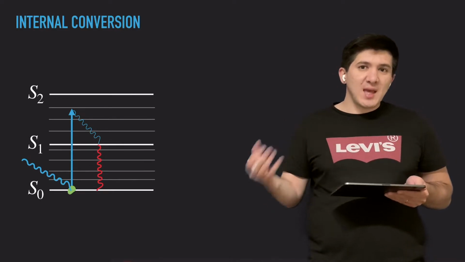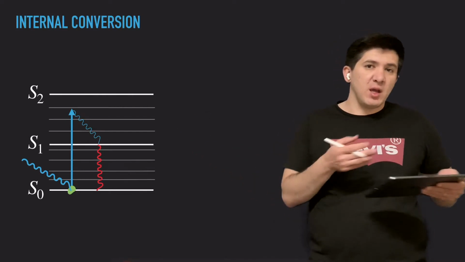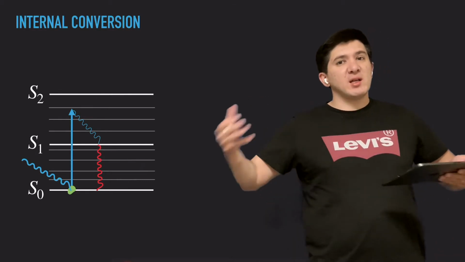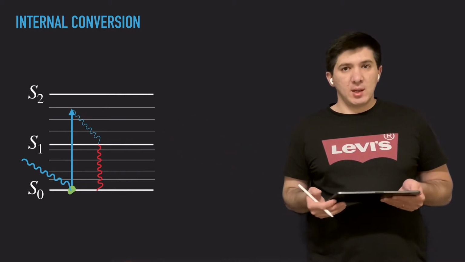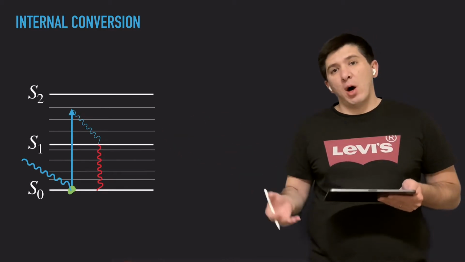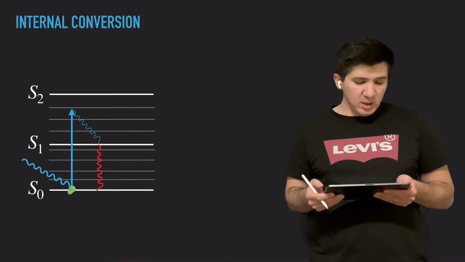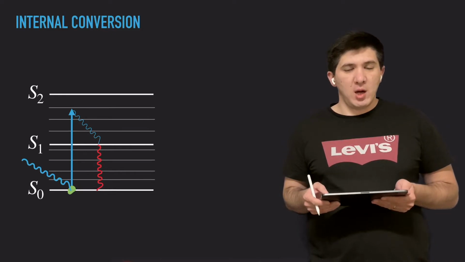You see, in this case no photon is emitted. This type of relaxation, where the molecule is excited by absorbing light but relaxes without emitting light, is called non-radiative relaxation. So internal conversion is one of the ways of non-radiative relaxation of a molecule.